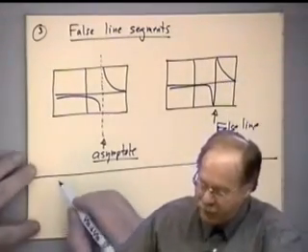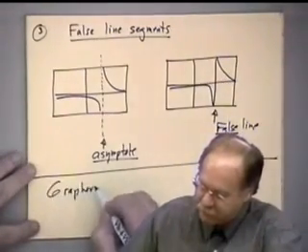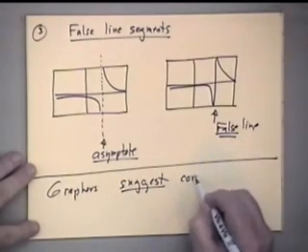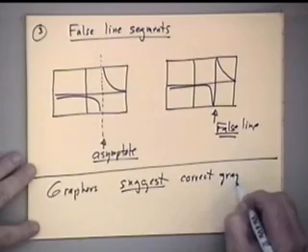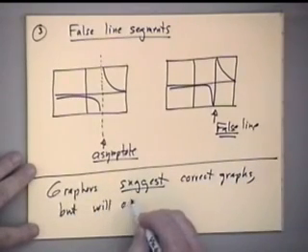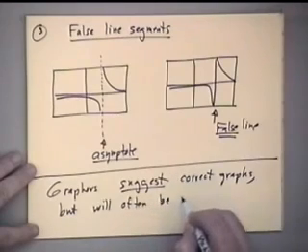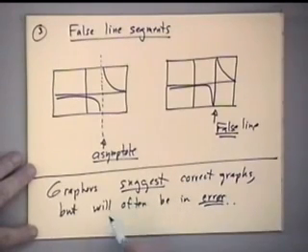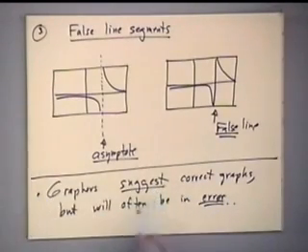So you have to remember that graphers suggest correct graphs, but will often be in error if you look too closely, if you look at the details. So use graphers wisely, understand the math.